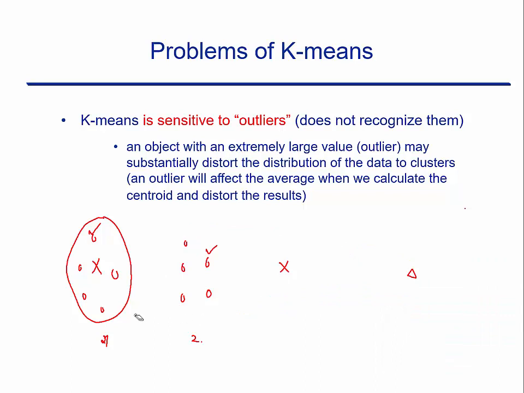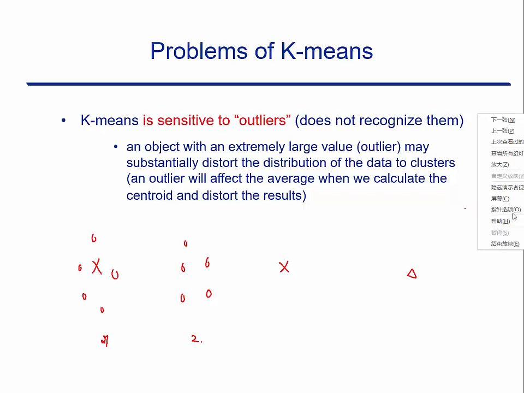So we will reassign the points to the new centroid. At iteration 2, we can find that this point is closer to the left centroid, so this point will be assigned to the left centroid.